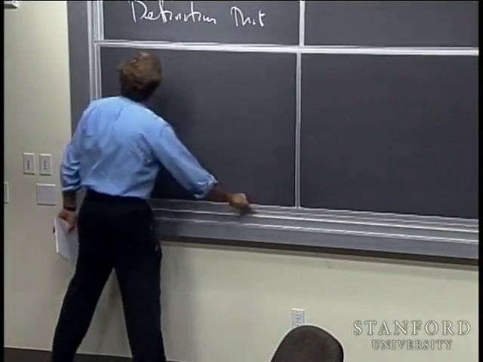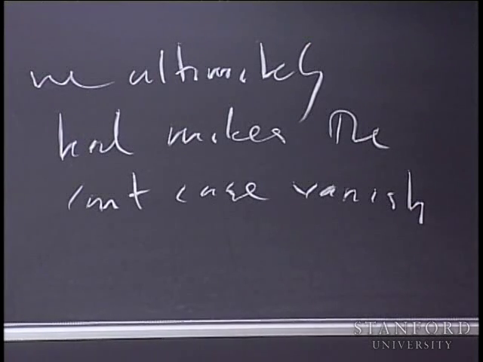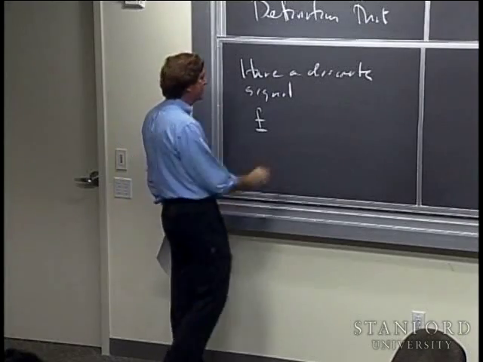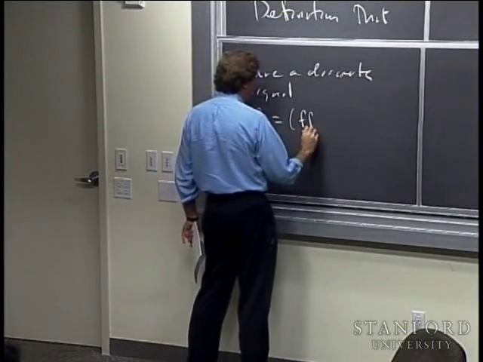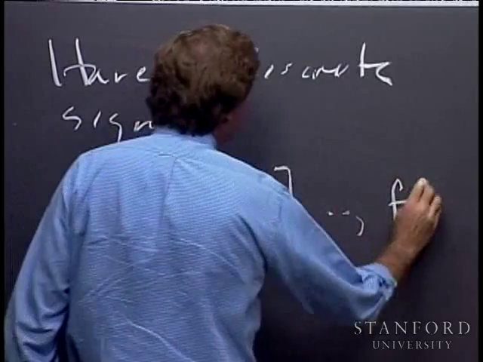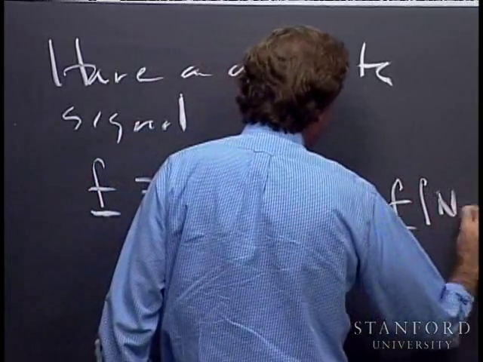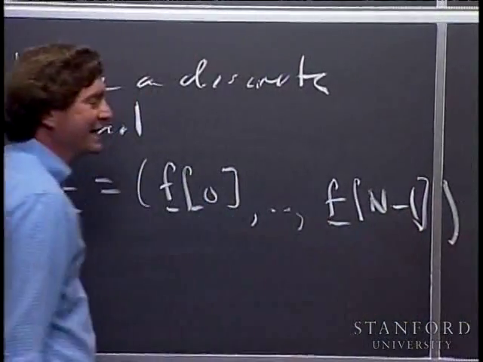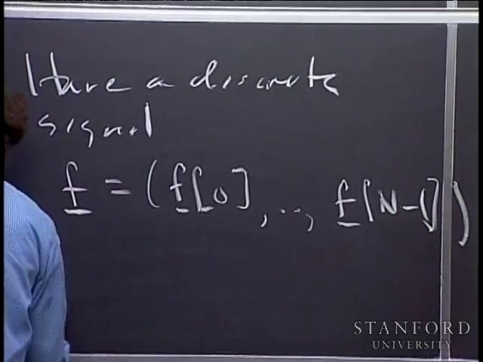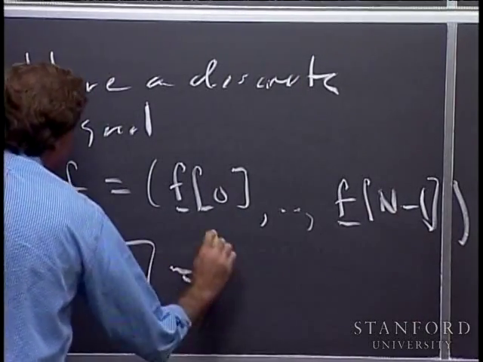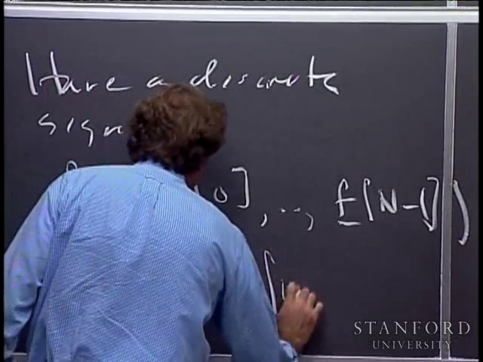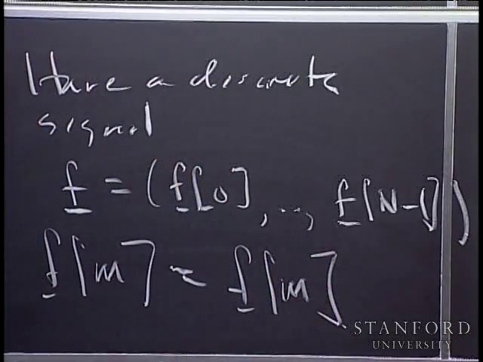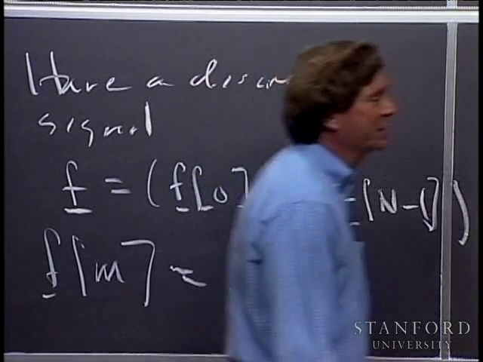You have a discrete signal. I'm using both the signal notation and vector notation here, and I'll continue to mix the two up because I think they're both useful. So you can think of this as an n-tuple of numbers or a discrete signal whose value at the nth point is just the nth component here, f of n.